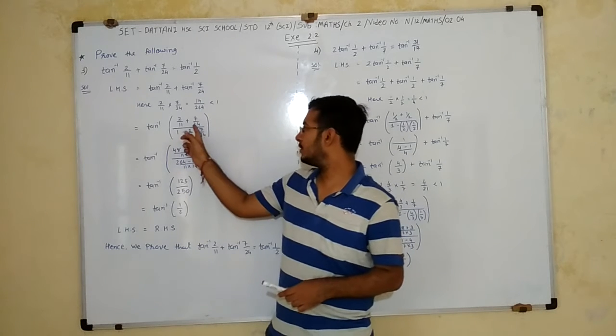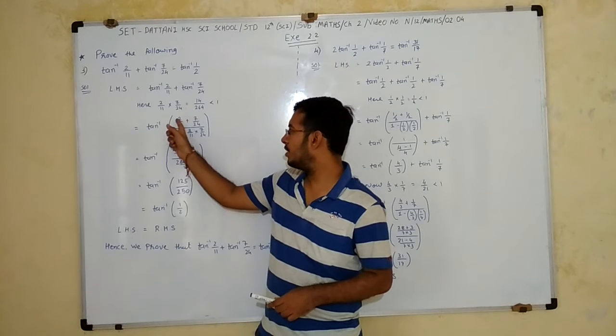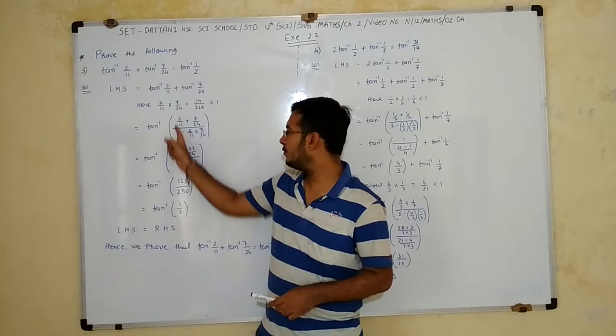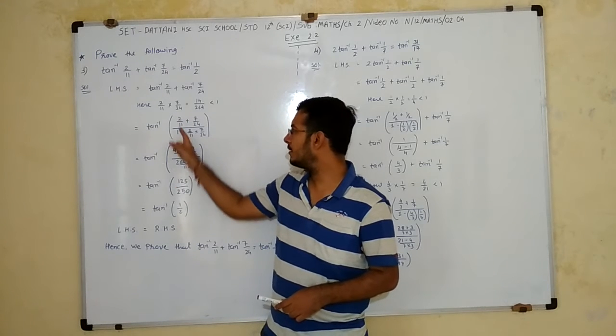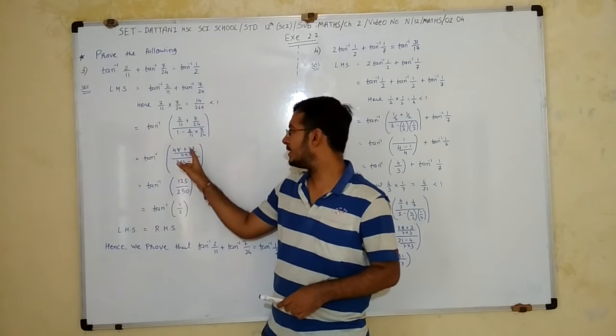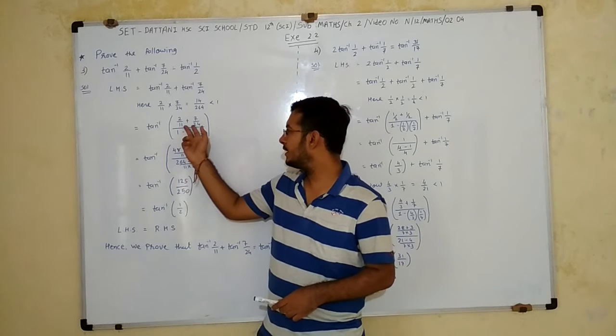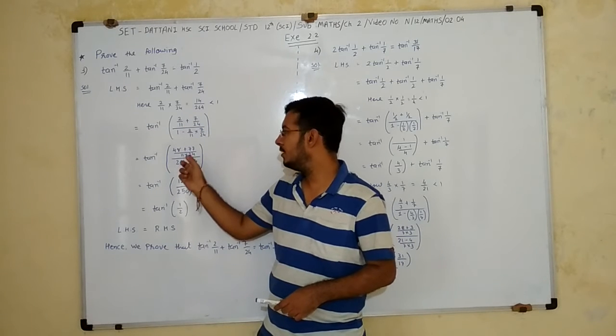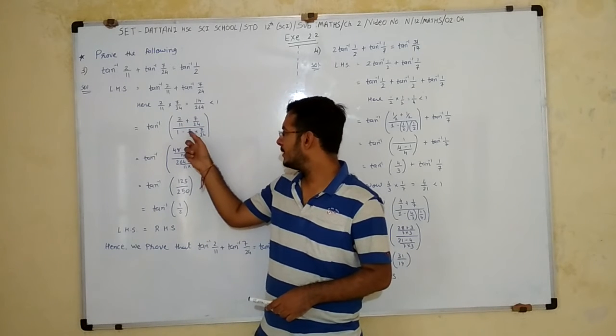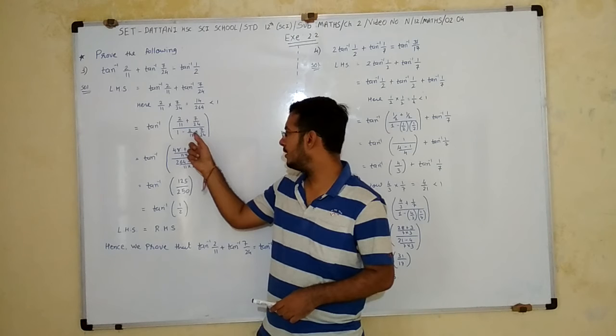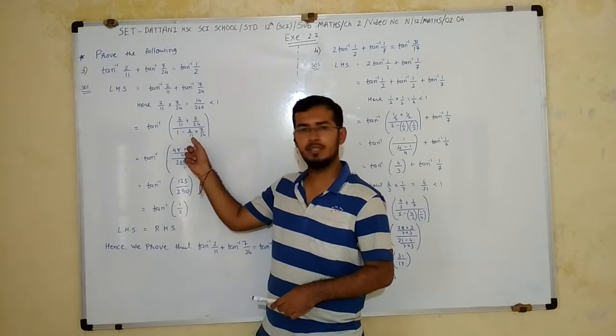Now we do the cross multiplication of this. 24 into 2 is 48, 11 into 7 is 77. In the denominator multiply 11 and 24. 7 twos are 14, 24 into 11 is 264.